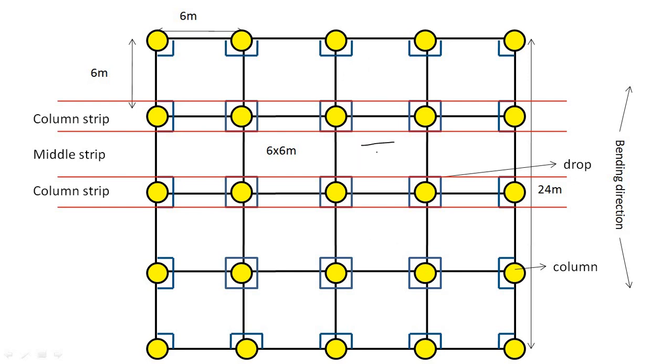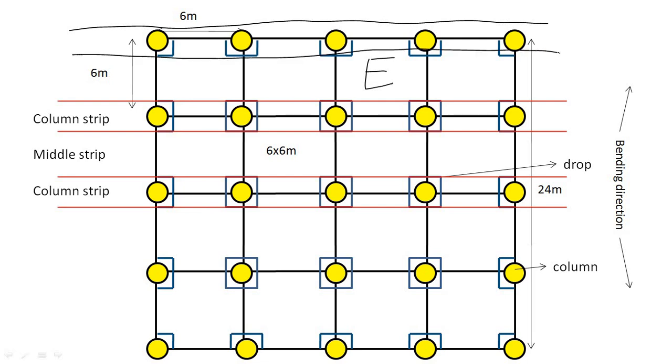In the interior panel there will be a middle strip, shown here, and also a column strip at both ends. For the exterior panel there will also be a middle strip, with a column strip at both ends.